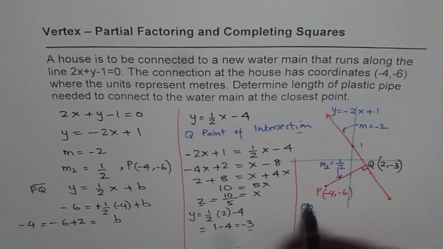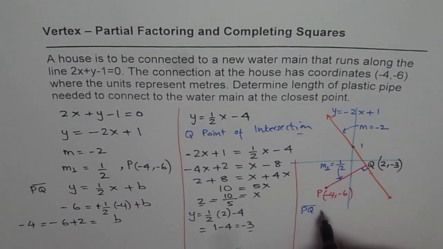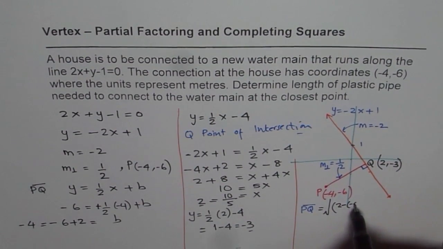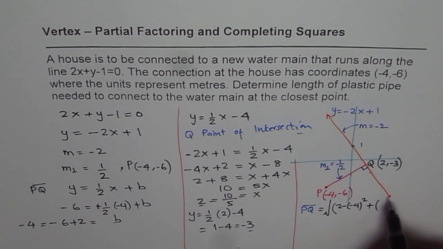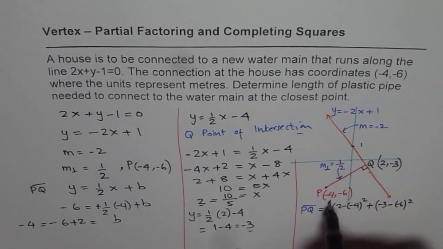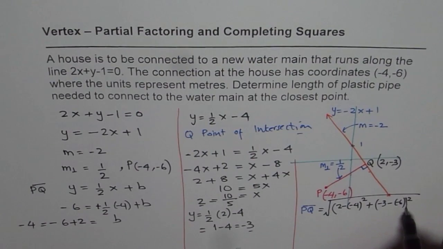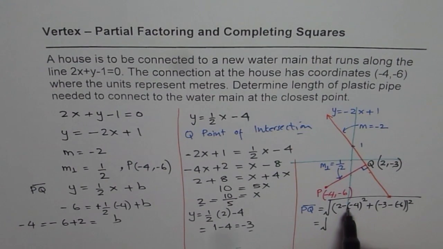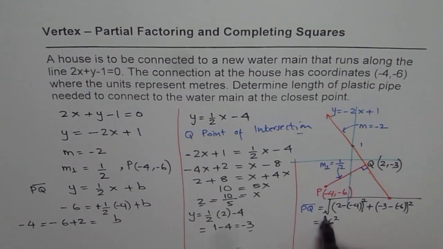So the distance PQ, which is the shortest distance, can be given by the distance formula, which is the square root of (x2 minus x1) whole squared, which is 2 minus minus 4 whole squared, plus (y2 minus y1) whole squared, minus 3 minus of minus 6 whole squared. So within the square root, 2 minus minus 4 becomes 2 plus 4, which is 6, so 6 squared.